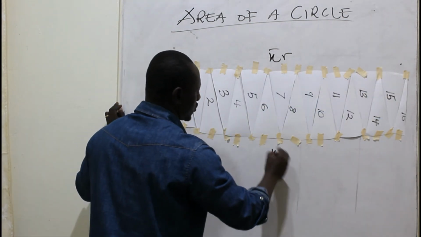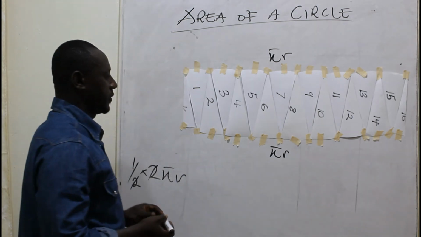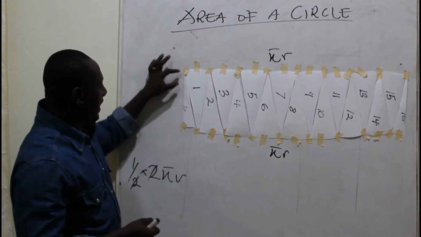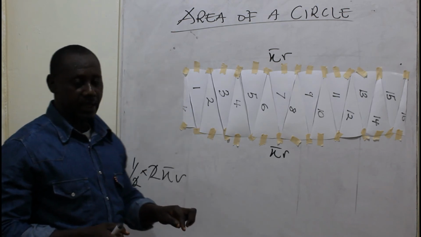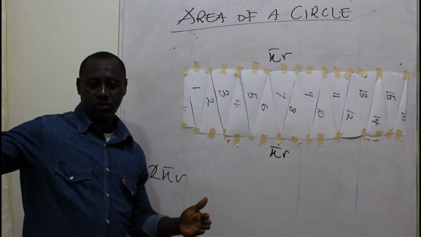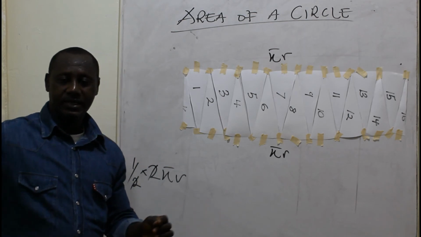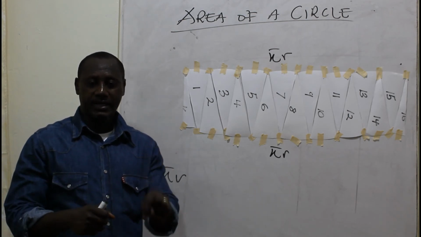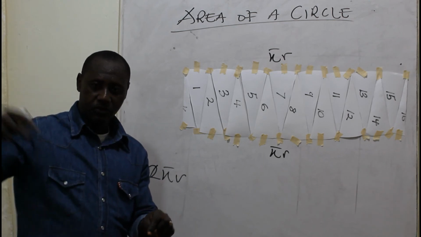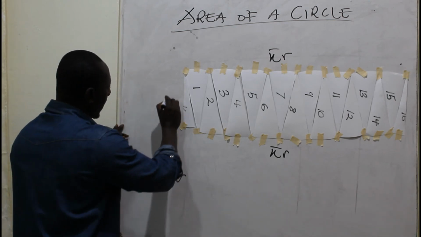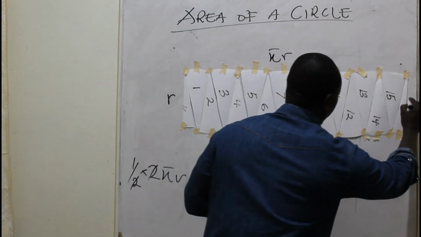Bear with me. And you also notice that this side here is a radius. Remember when you have the sectors, from the center to any point on the circumference is a radius. So this side is also r, and this side is also r.